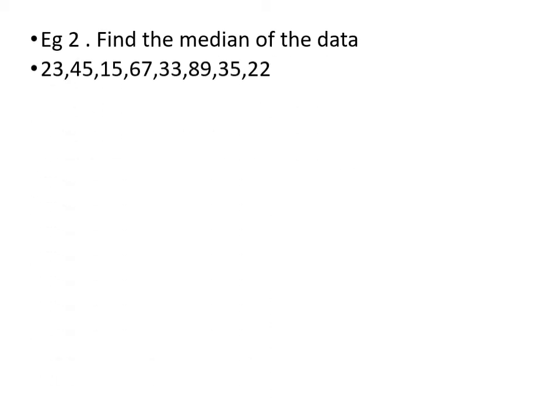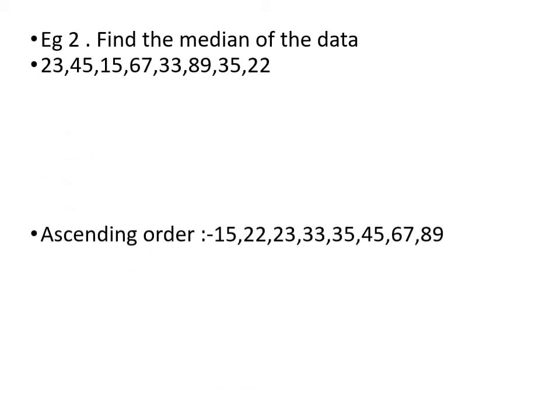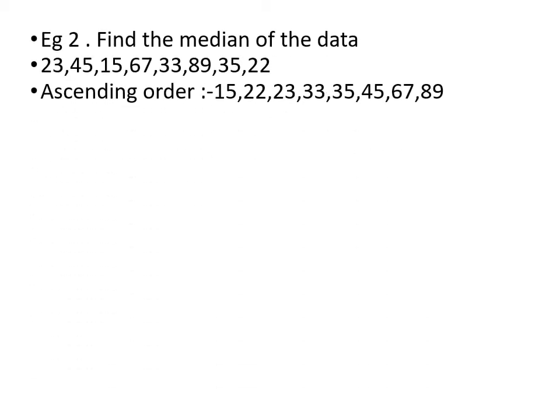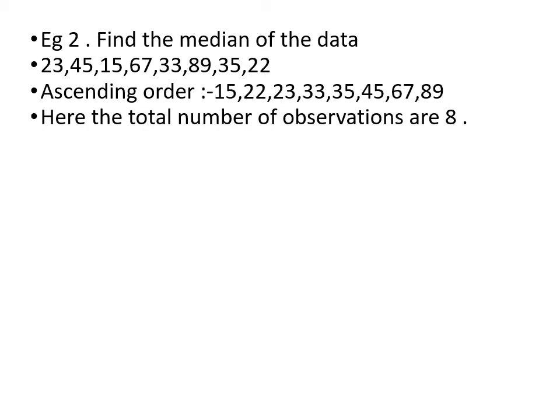Now let's see the median for the data when the given number of observations, as you are observing here, the total number of observations are 8. Means it is not an odd number, it is an even number. So before starting, again we have to arrange the given data in the ascending order.